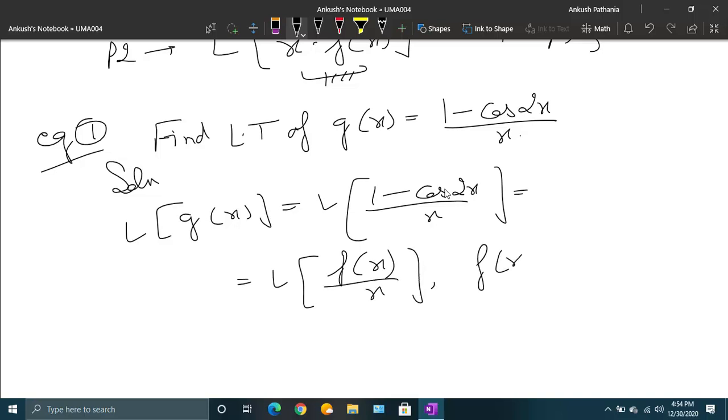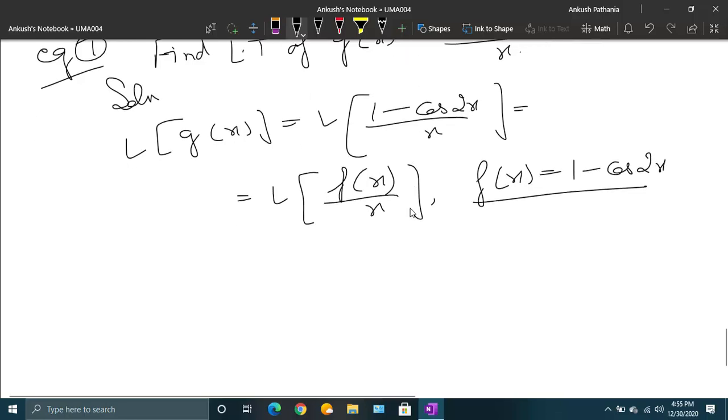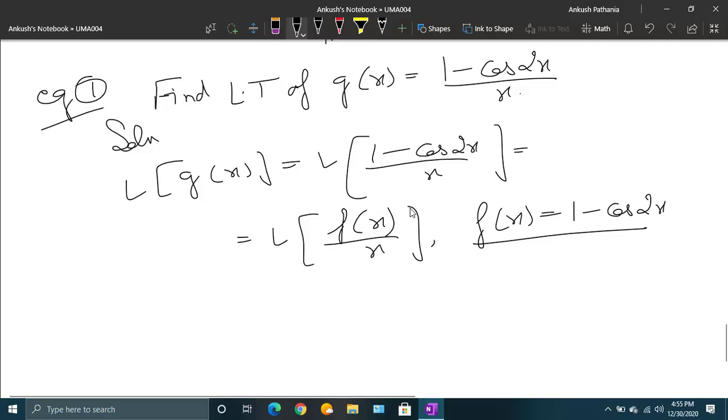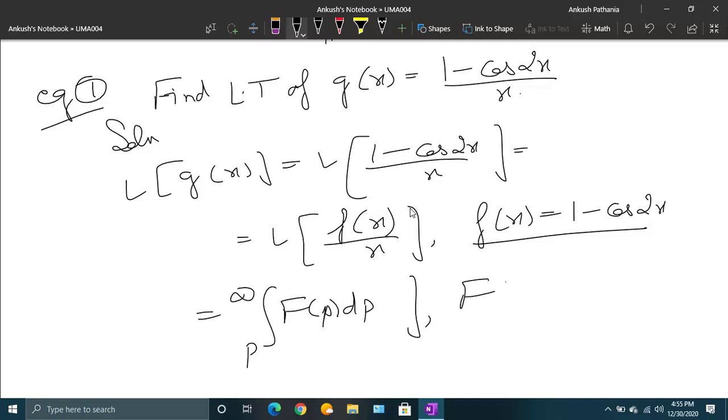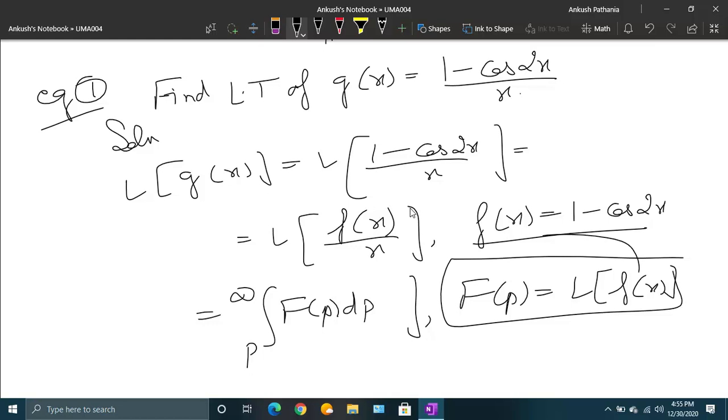Here this fx is 1 minus cos 2x. So to find the Laplace of this one, by formula it is the integral p to infinity of Fp dp. This is the formula of property number 3, where Fp is your Laplace of fx.